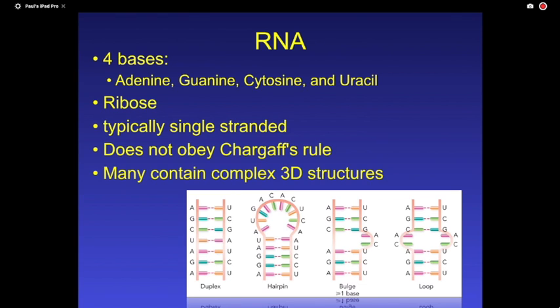It is typically single-stranded, although we do see that it can form complex three-dimensional structures and include some double helical nature. Okay, it doesn't have to be double helical, but it can. It also has imperfect double helical structure, and so we have bulges and loops and hairpin turns as part of the structure of some RNAs.